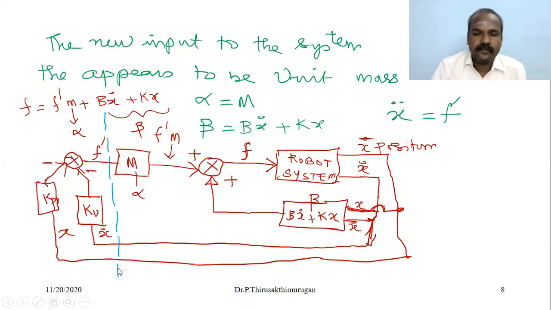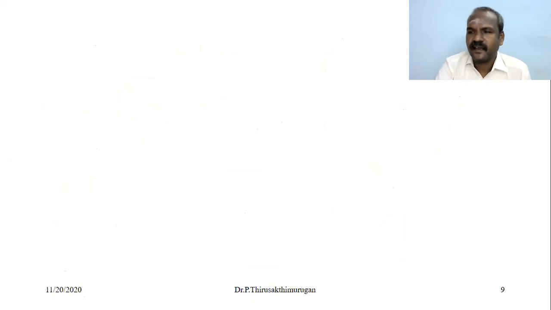So this is the equation of motion for unit mass, right? Now we propose a controller. We can proceed as the open loop dynamics of the system to be controlled.